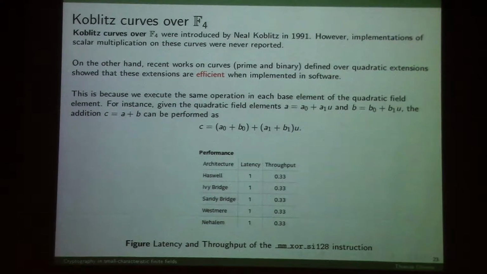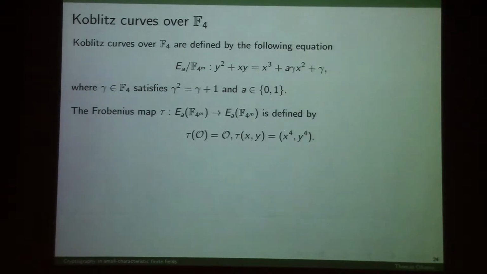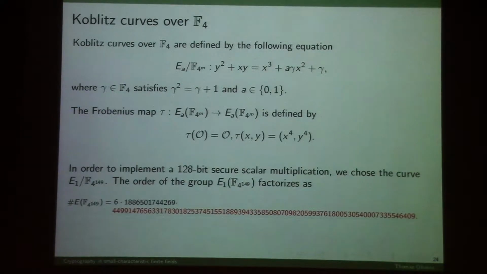So it's very important to have many operations of the same kind being performed one after another with different operands. Okay, so the Koblitz curve over F4 is defined like this, where gamma is in F4, which satisfies gamma squared equals gamma plus 1, and a belongs to {0, 1}. And the Frobenius map on those curves raises the 2 coordinates to the power of 4. We wanted to implement a 128-bit secure scalar multiplication on those curves.